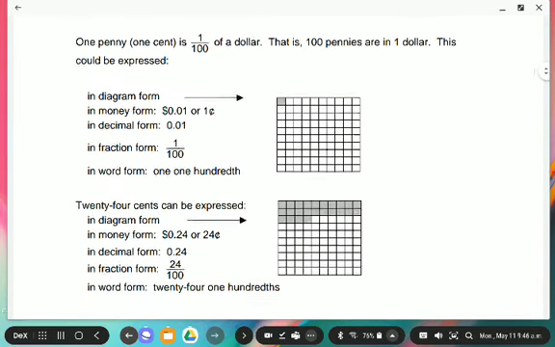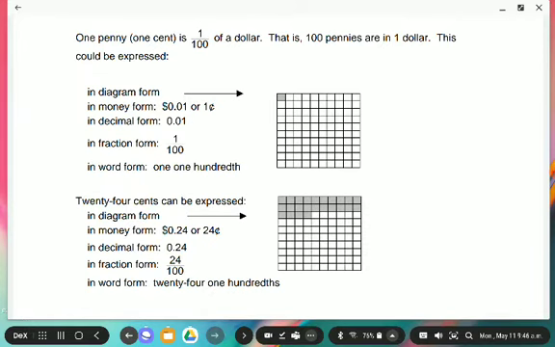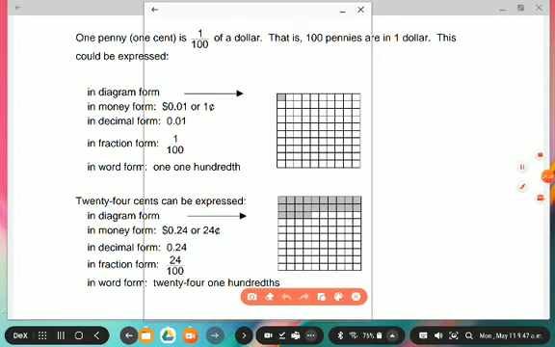So what we've got here is our first example, which is 1 penny or 1 cent is 1/100th of a dollar. So that's our fraction form. That could be seen as one little block shaded in out of a whole 100.